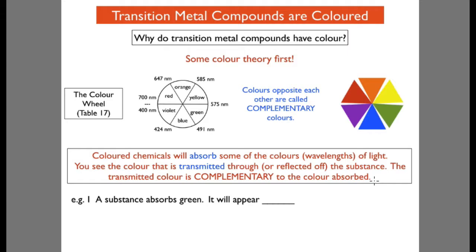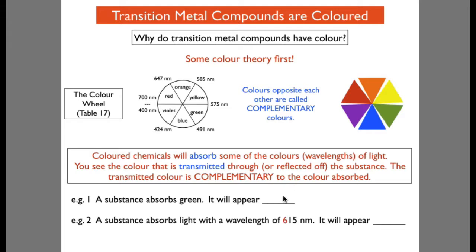So a substance absorbs green, it's going to appear red. And a substance absorbs light with a wavelength of 615. What colour will it appear? Well, 615, it's absorbing orange, so it's going to be blue.